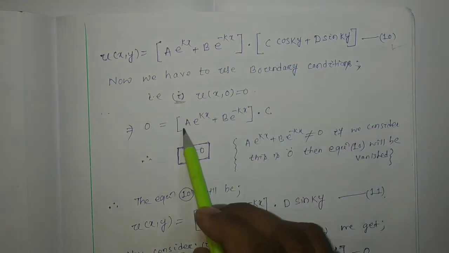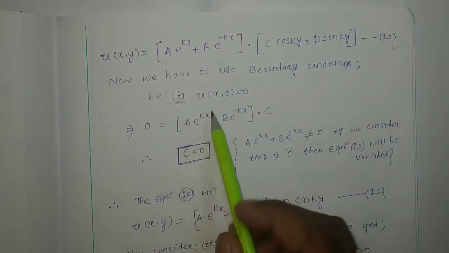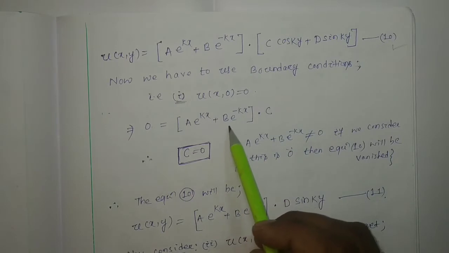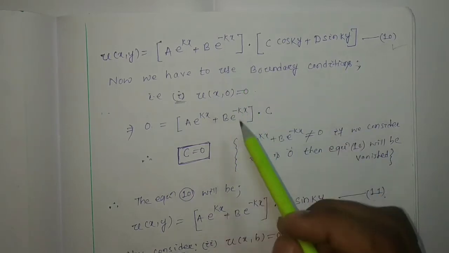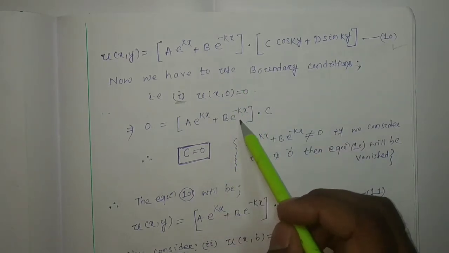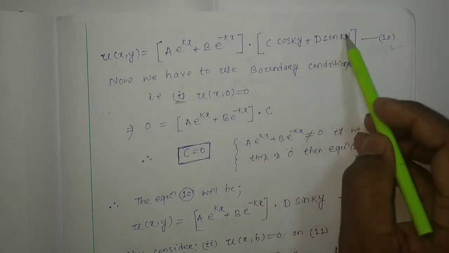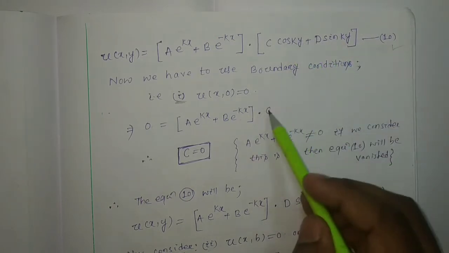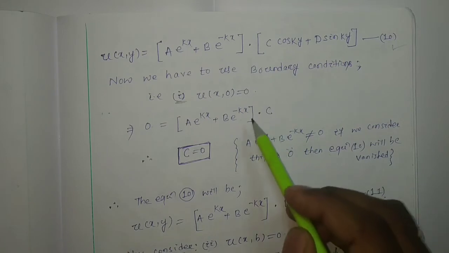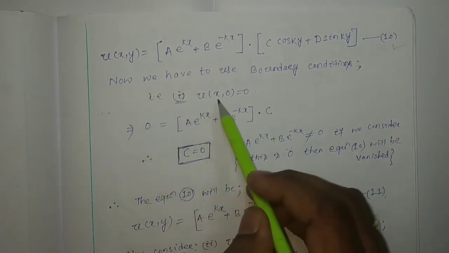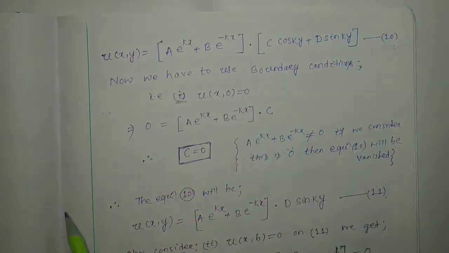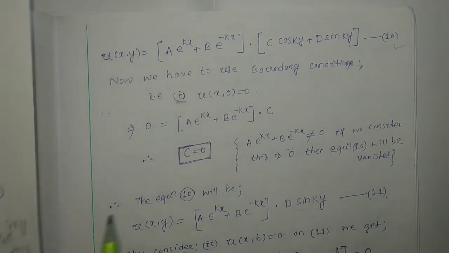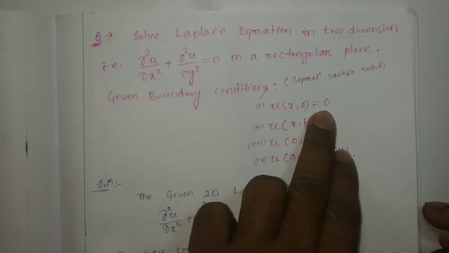It will be like this: (A e^(kx) + B e^(-kx)), right? By substituting 0 here, this term will be 0 and this term will be 1 times C, and it will be equal to 0 because u(x,0) equal to 0 has been given as our first boundary condition. You can see this is your first boundary condition, right?